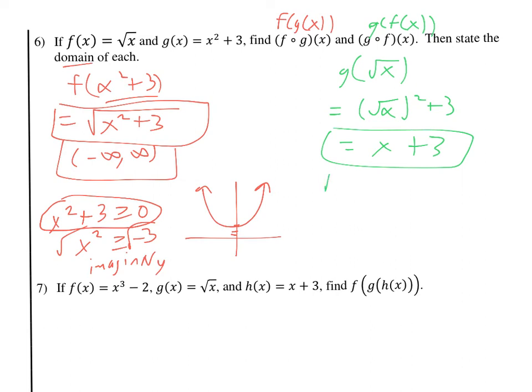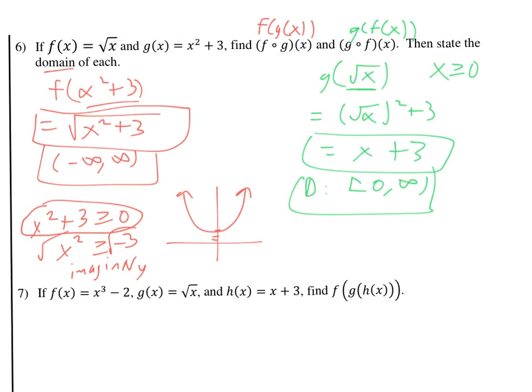But the domain on this one, if you look at the final answer, it would be negative infinity to infinity because there's no radicals nor denominators. But if you look back at the inner function, we have to take that into consideration. On the inner function, we know the inside of the radical must be greater than or equal to 0, and so that would restrict this domain to 0 to infinity. Even though that radical got canceled out, it still carries over because it was on the inner function.